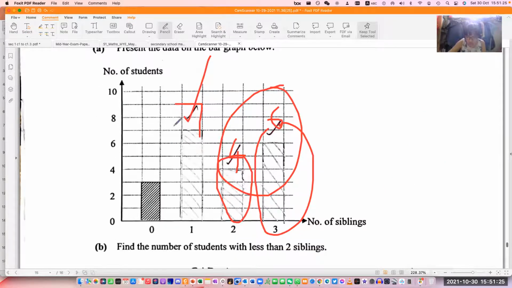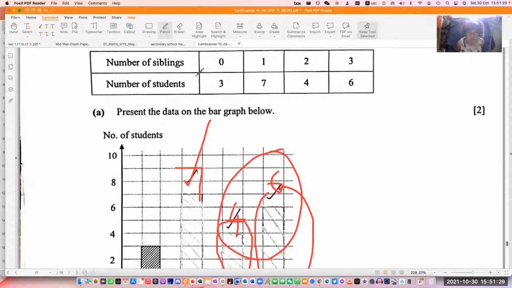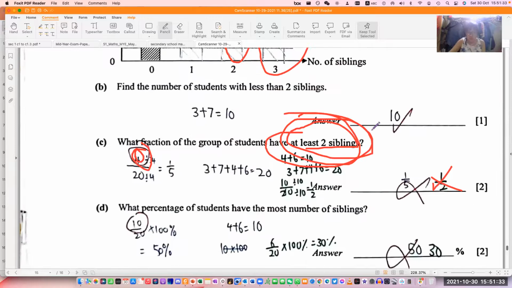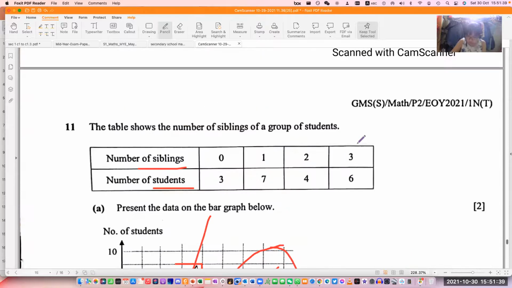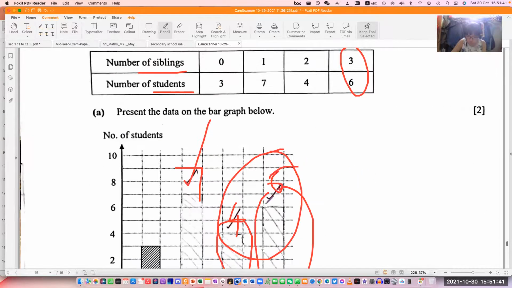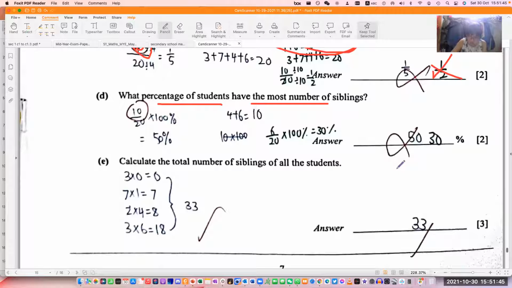I'm also confused already. Number of siblings, number of students. So what percentage of students have the most number of siblings? Most number means this one, which is here, 6. So you use 6 divide. I don't know why you choose 4 plus 6.